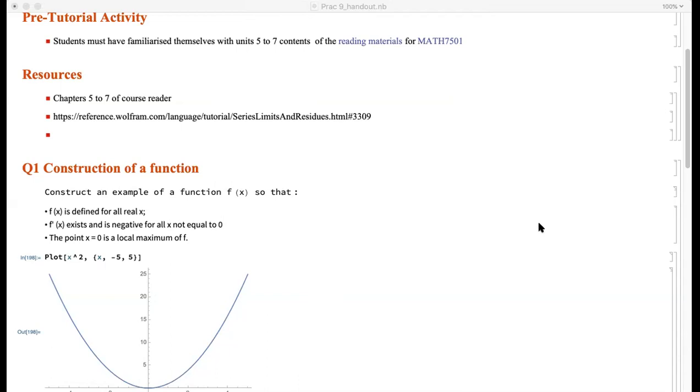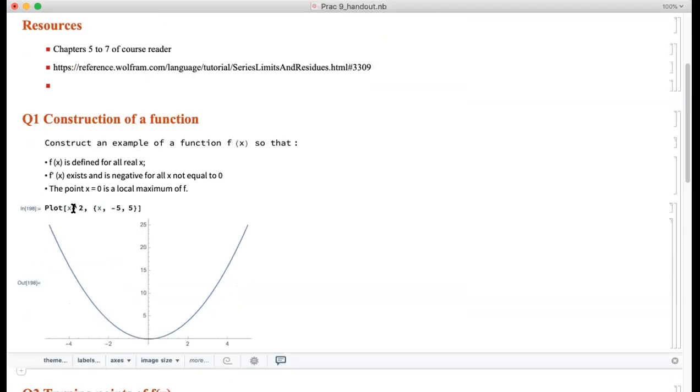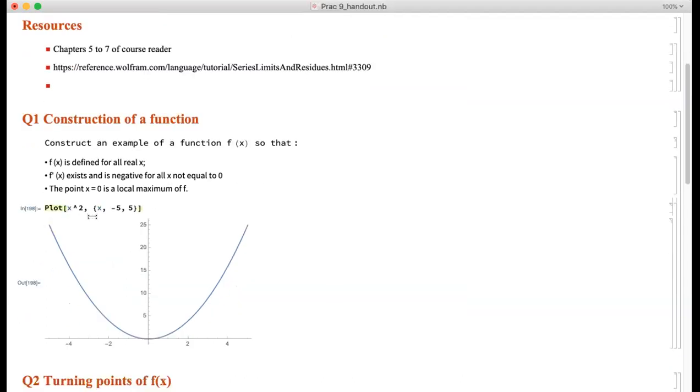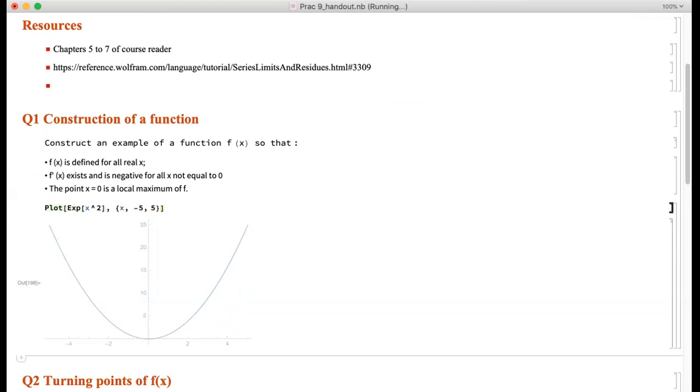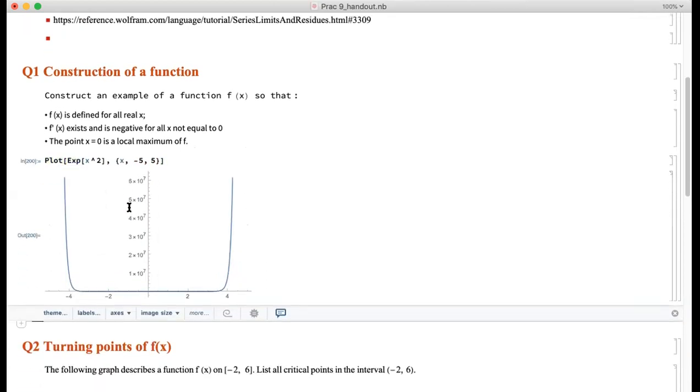Okay, there's an answer which says e to the power x to the power 2. So did you mean, let me try that, e to the power x squared. Does that satisfy the condition?